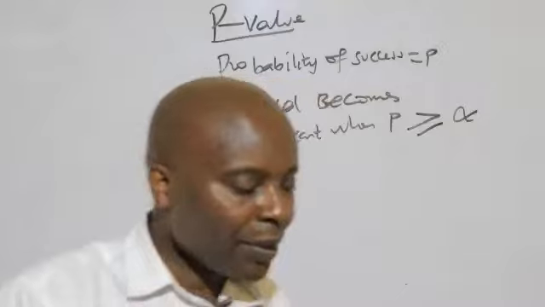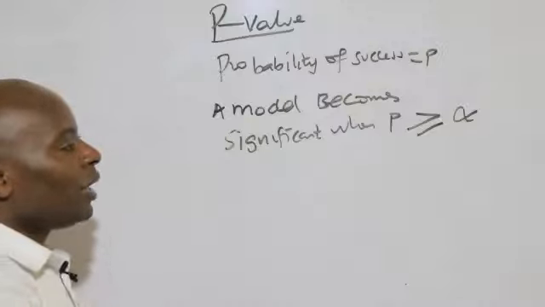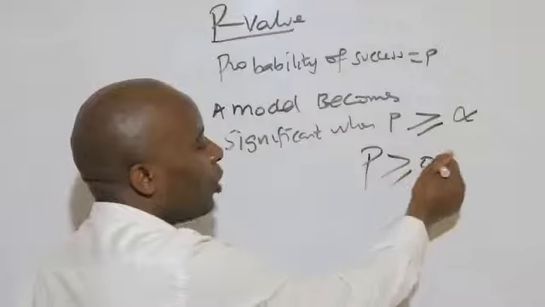So remember the level of significance here. So P should be greater or equal to 0.05.